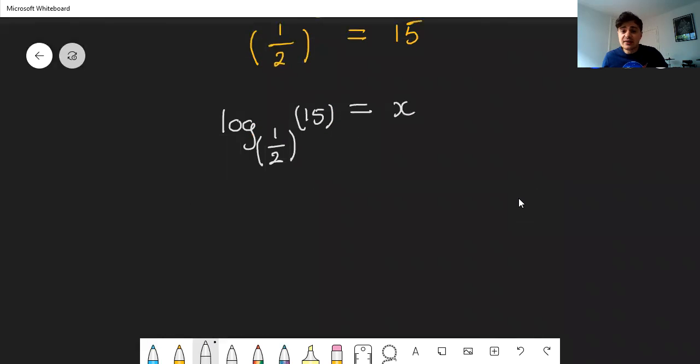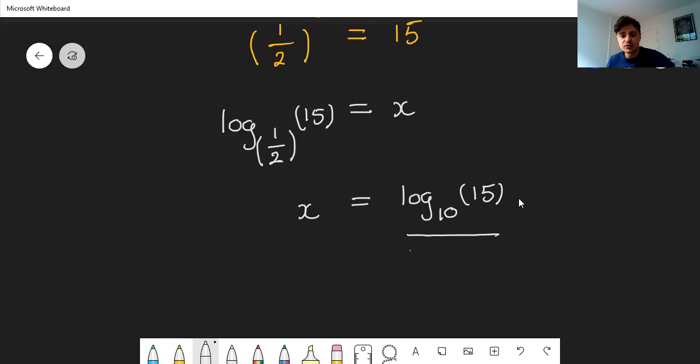Now, let's change the base number so we can deal with it a little bit better. Okay, so I'll rearrange it and say x is equal to log to the base of 10. Let's use that one. 15 is, I like to think of it, the higher number. So log to the base 10 of 15 will be the top fraction.